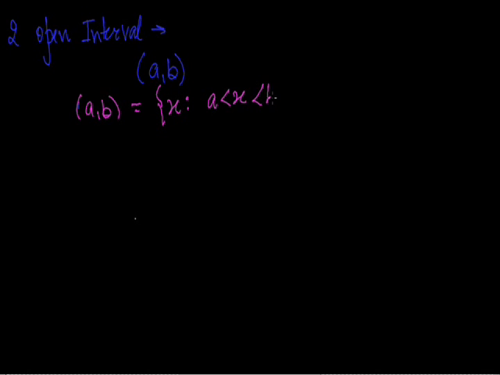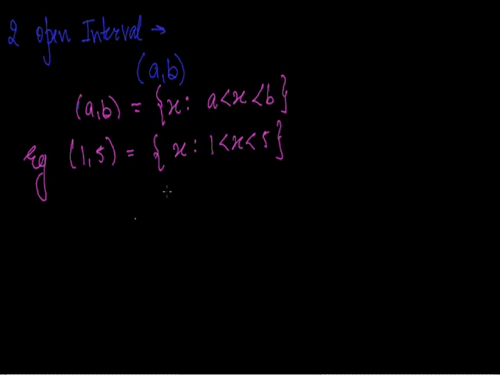x is greater than A and less than B. In this, what we are saying is, in x, elements A and B are not included. Only the elements in between A and B are included. Take an example. If it is (1, 5), then x will contain 1 less than x less than 5.